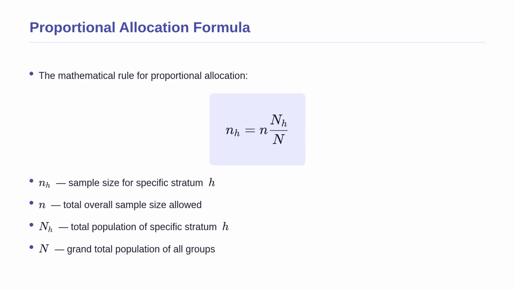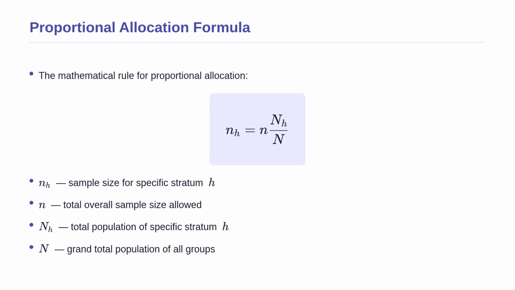The formula for proportional allocation tells us exactly how to calculate the sample size for any given group. Here, n sub h represents the number of people we need to sample from a specific group, known as stratum h. The symbol n stands for the total overall sample size we are allowed to collect.